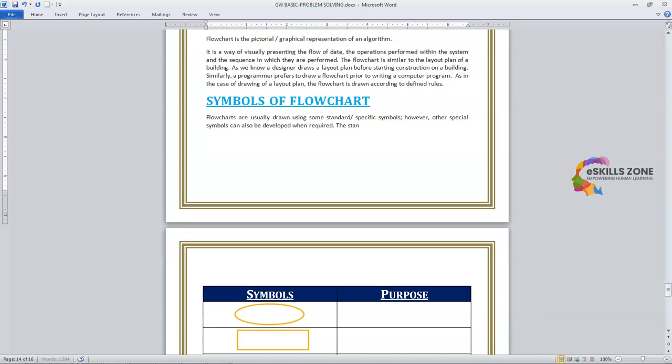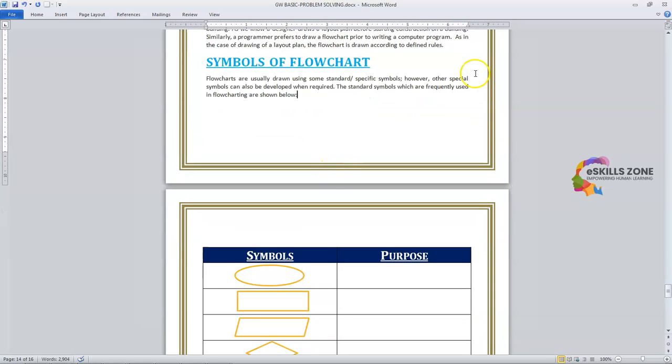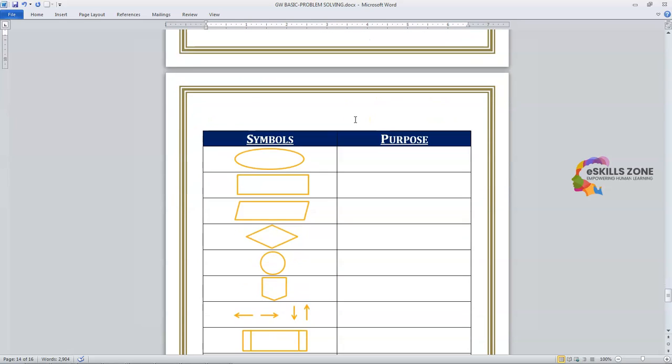The standard symbols which are frequently used in flow charting are shown below. So we will be discussing the frequently used symbols in flow charting.